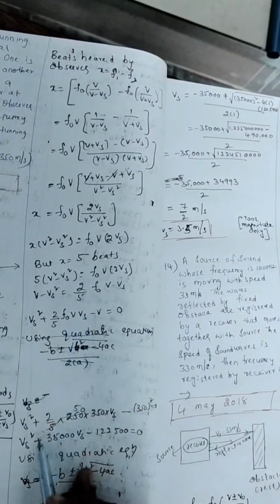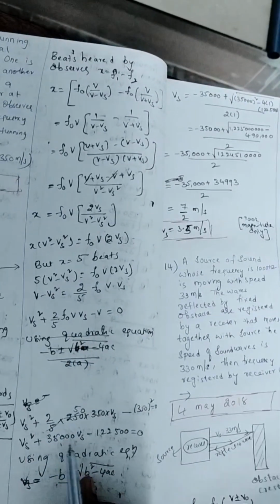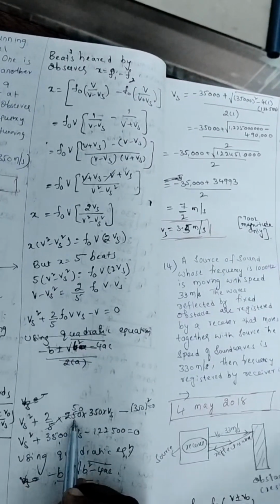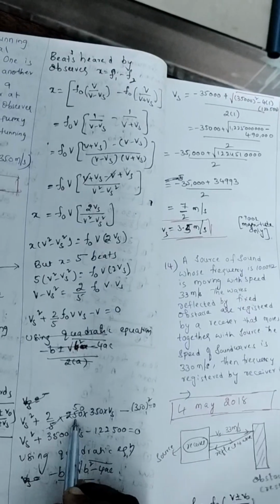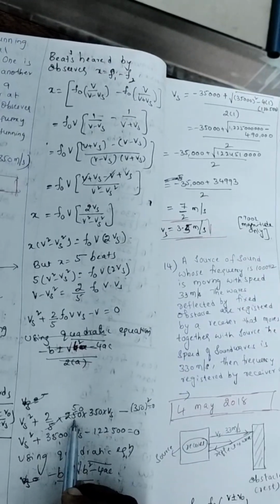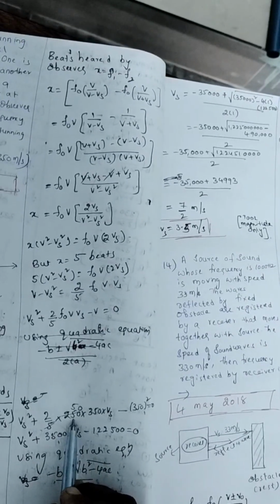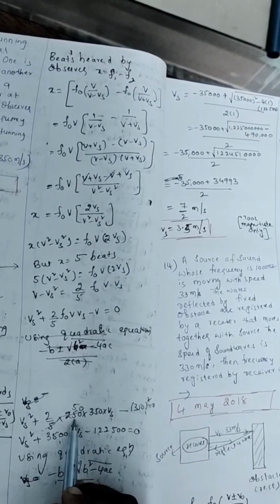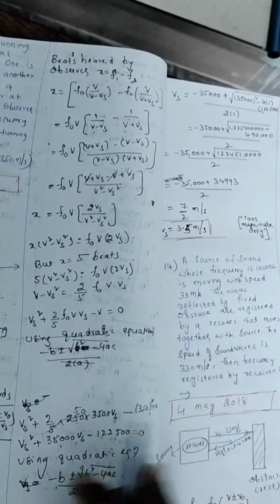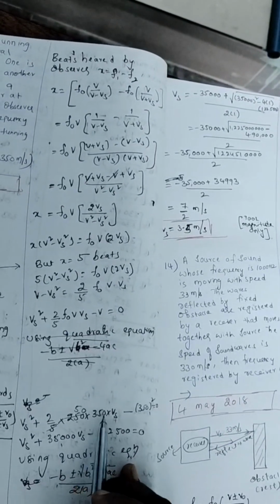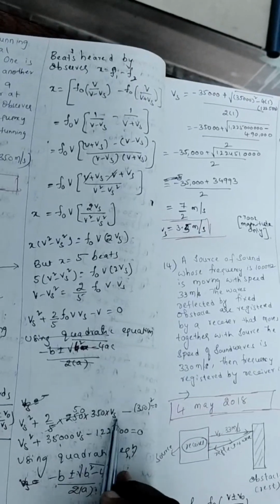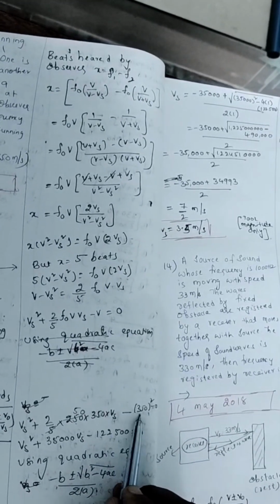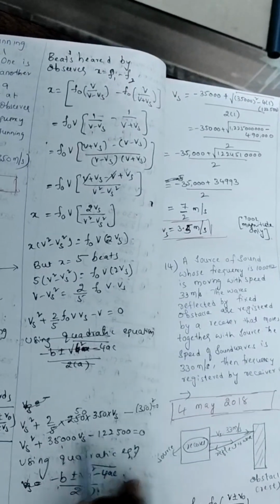Now substitute the values: Vs square plus 2 by 5 into F naught, which he gave as 250, V he is saying to take as 350, Vs we have to find, minus V, 350 whole square.